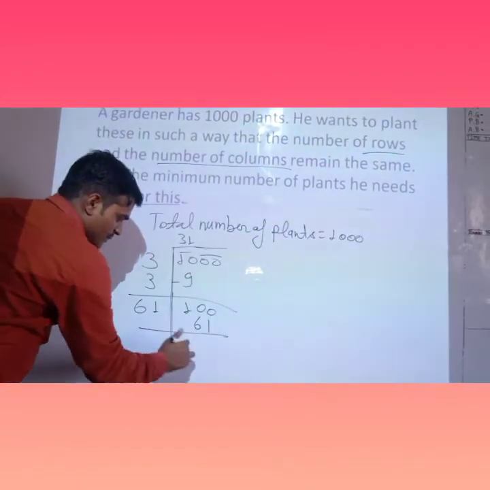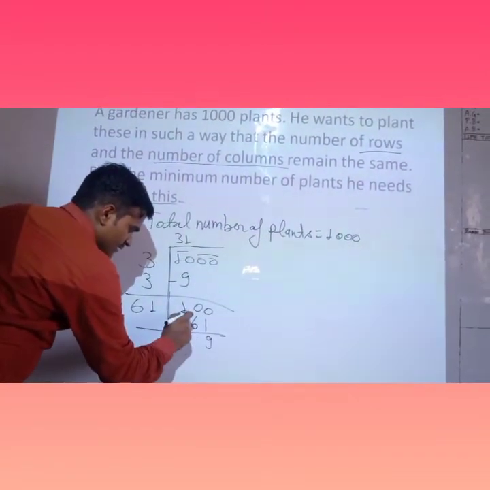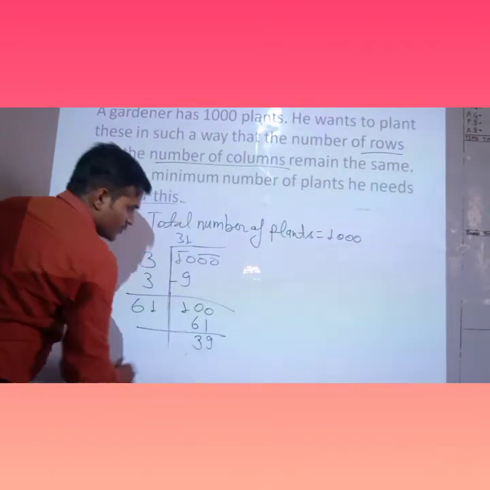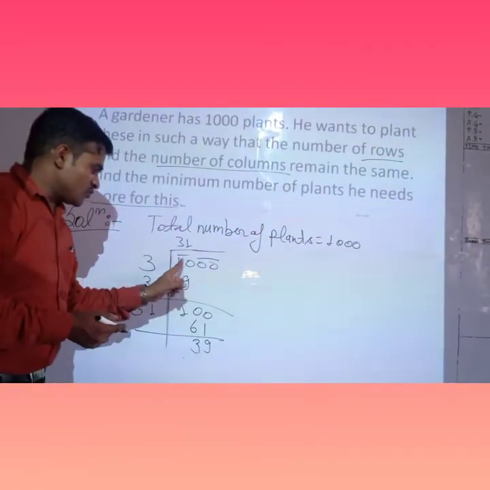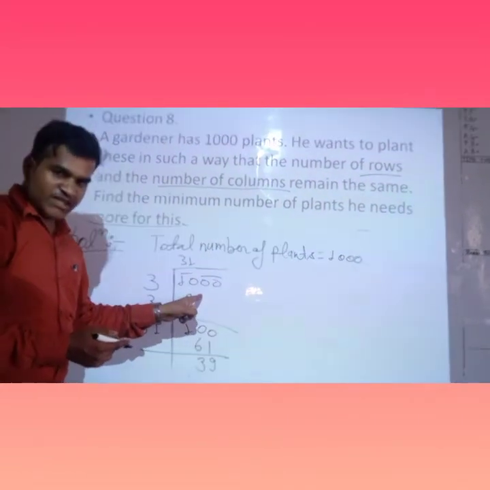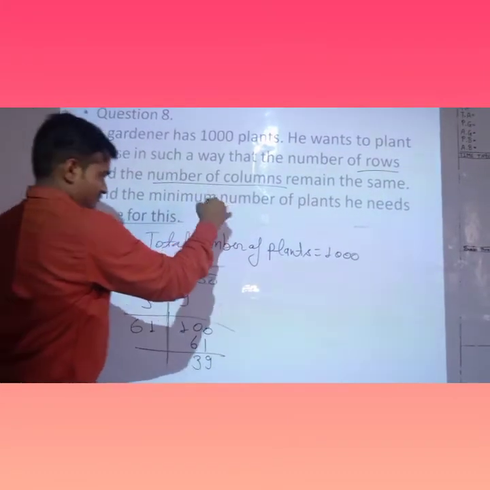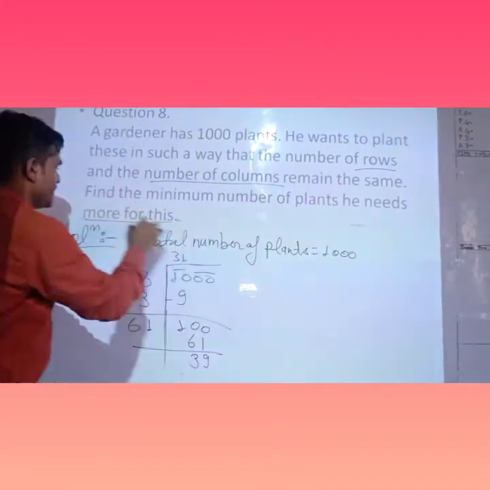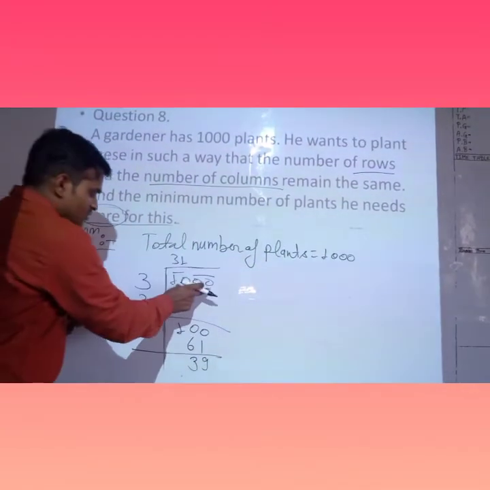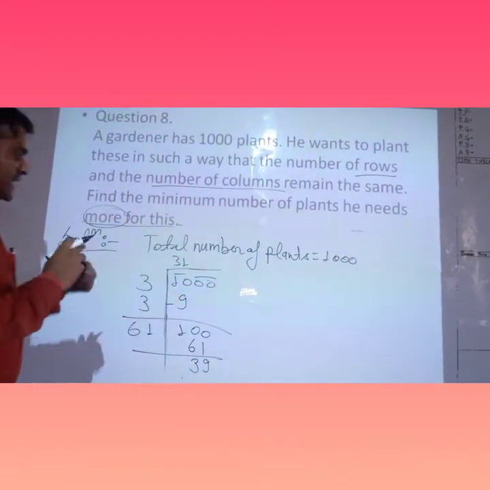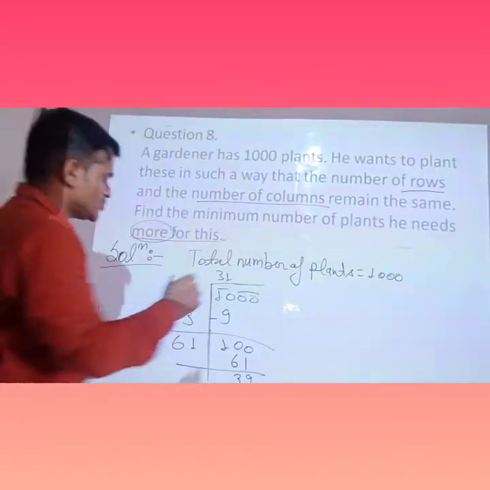So children, subtract it and we get 39 as the remainder. Children, we could subtract 39 from 1,000 to get a perfect square, but here we are asked to find the minimum number of plants we need more. So it means 1,000 is a number which is greater than square of 31 but less than square of 32.